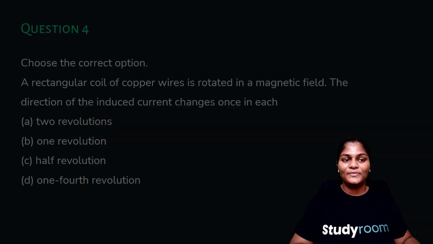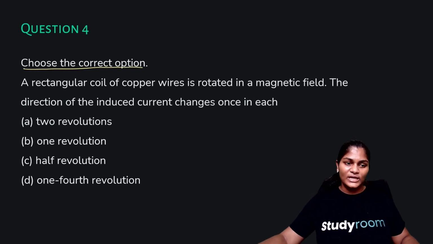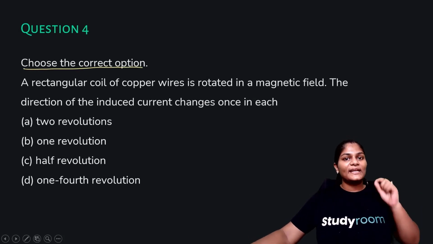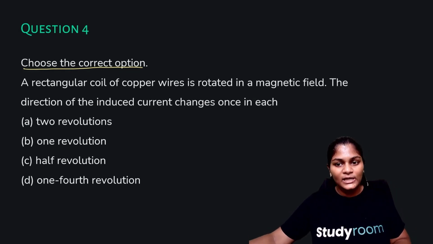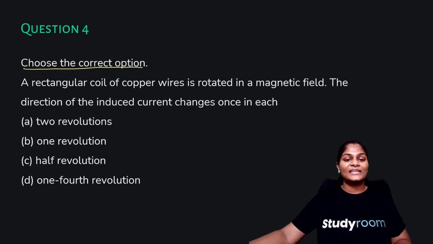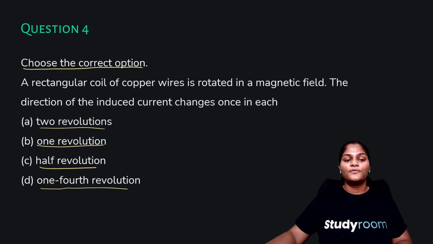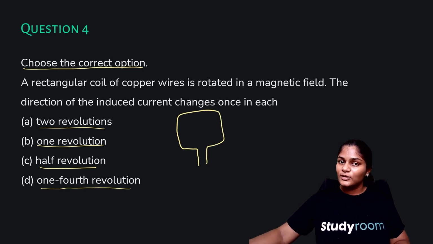Let's move on. So this question asks us to choose the correct option. The question is, a rectangular coil of copper wires is rotated in a magnetic field. The direction of the induced current changes once in each 2 revolutions, 1 revolution, half a revolution, or 1/4 revolution. So if you remember the wire that we had taken, it was also actually a rectangular wire, right?